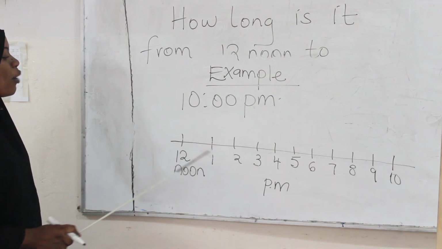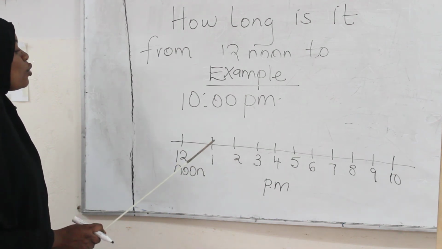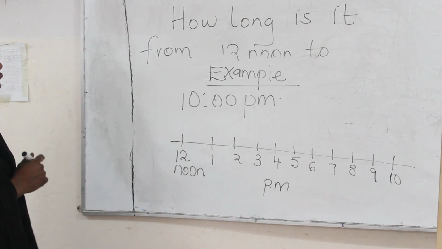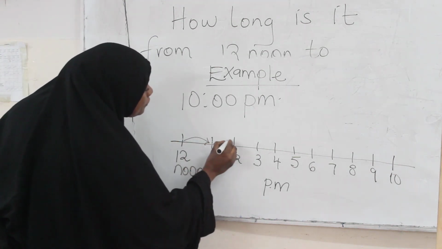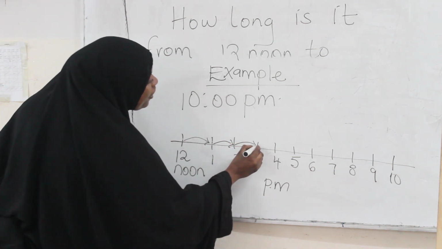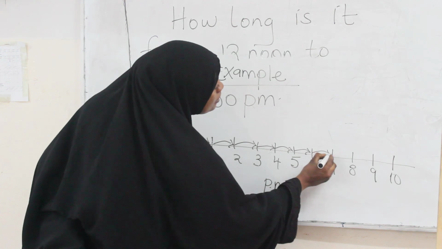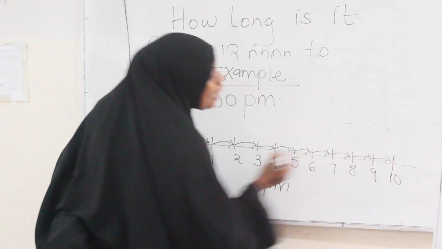So from 12 to 1, that is 1 hour. From 1 to 2, that is 1 hour. So let's get how long it is from 12 noon to 10 p.m. That will be 1, 2, 3, 4, 5, 6, 7, 8, 9, 10.